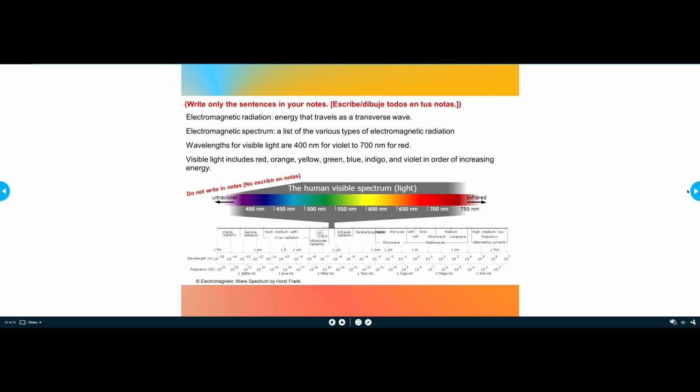And lastly, alternating currents. Alternating currents is where electricity moves at a very large wavelength. This was discovered by Nikola Tesla many years ago.